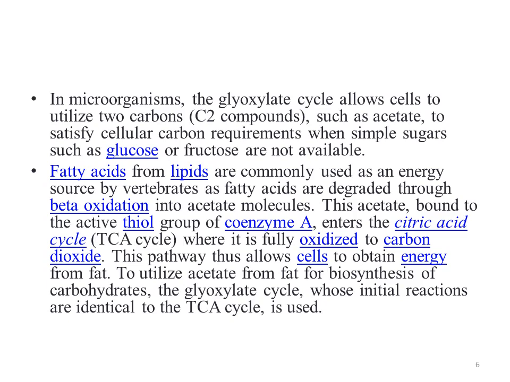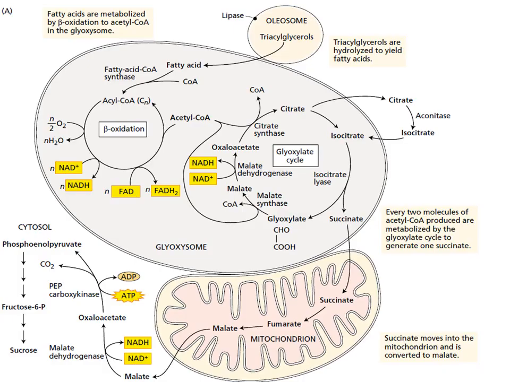This pathway thus allows cells to obtain energy from fat and to utilize acetate from fat for the biosynthesis of carbohydrates. The glyoxylate cycle, whose initial reactions are identical to the TCA cycle, is used.